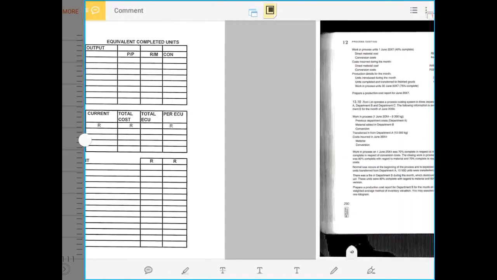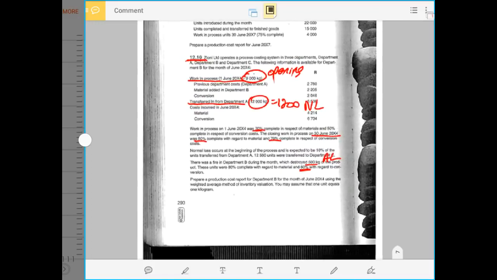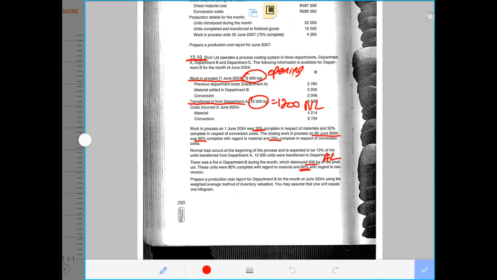Then after, we continue with our question and check which other units need to be recorded. We only have 9,000 kgs. We only have 12,000 that was transferred from the previous process. And we are also aware that there is the closing that is 80% in terms of material, but we don't know the closing.